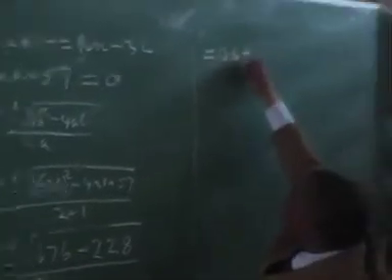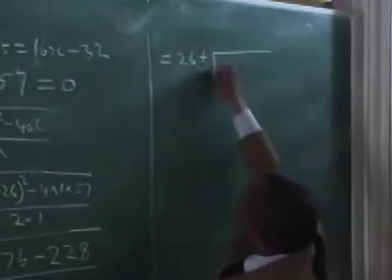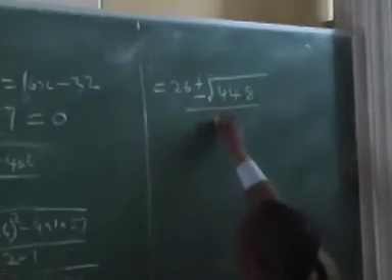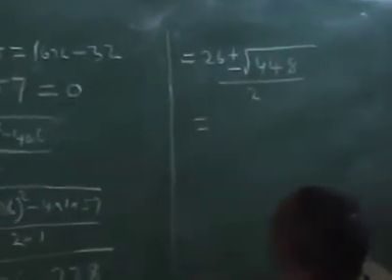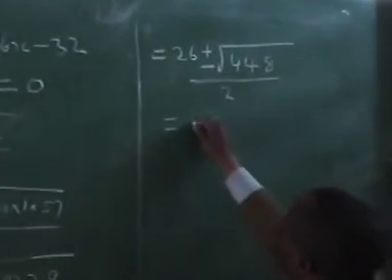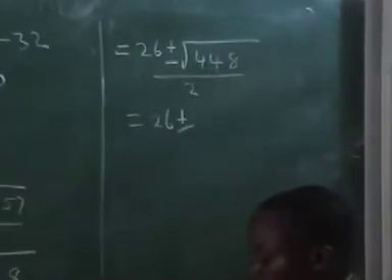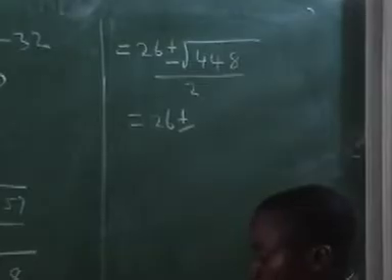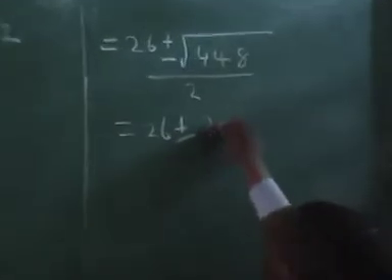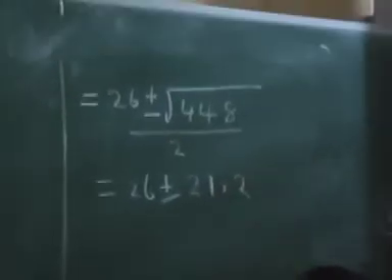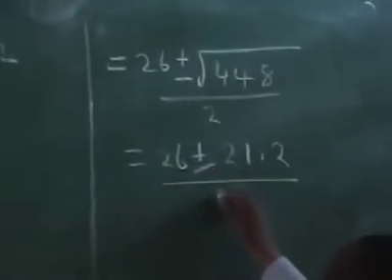26 plus or minus square root of 448 all over 2. So we'll have 26 plus or minus square root of 448, which will give us 21.2 all over 2.